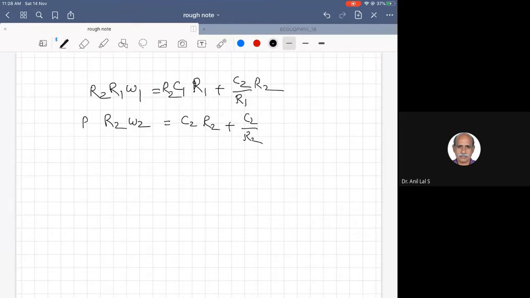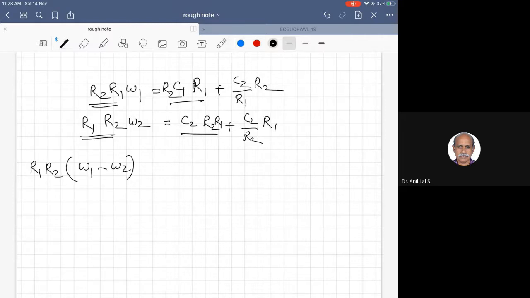This one we multiply with R1, so there is an R1 and an R1. So these two things are the same. If we subtract, this is R1 R2, this is R1 R2, which is common: R1 R2 into omega 1 minus omega 2, and these two will go. C2 is common: R2 by R1 minus R1 by R2.